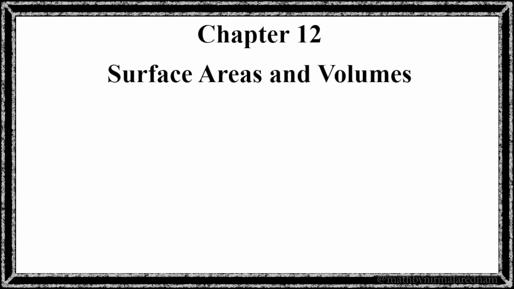So let's first discuss what we already know, that is the surface areas of standard solid shapes. Then we can move on to the exercise in the next video. The standard solid shapes that we have studied so far are, we started with the cube, right?